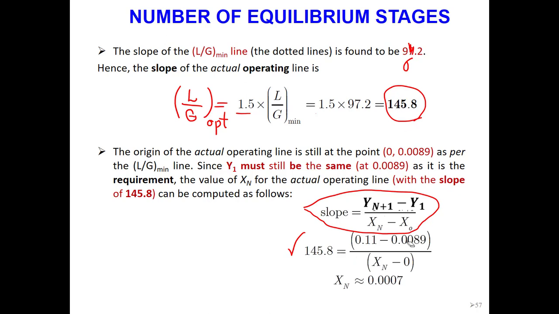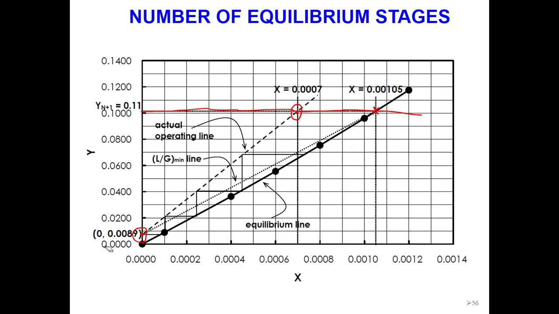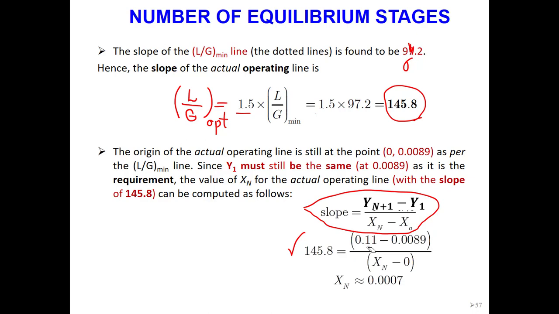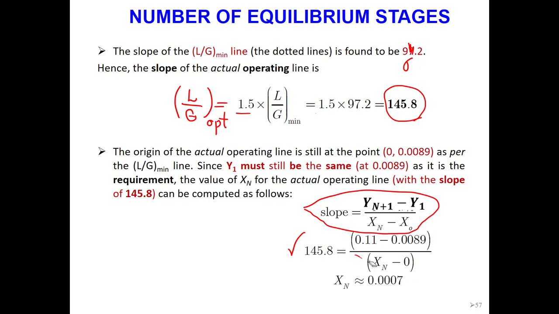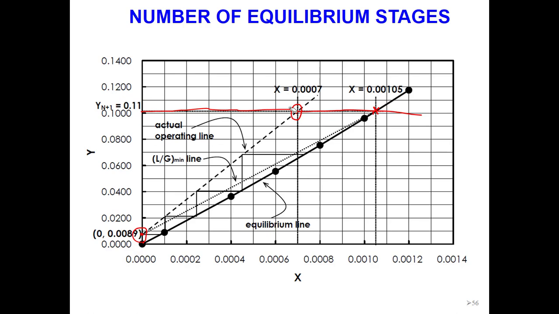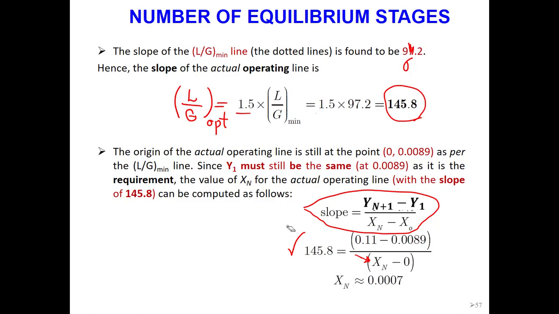The y1 and yn plus 1, we know them. y1 is here, yn plus 1 is here. We have both of them, we just put them there. x0 we know, which is 0. The only unknown is xn, or this x here. This is the x that we need to calculate. If you put all this in the equation, you can find xn, 0.0007.